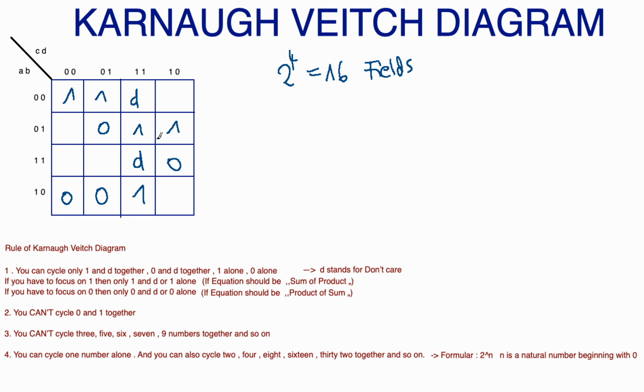I show you another example. If I have 1, 1, 1, 0, 0, 0, 0, 0, it's not allowed to cycle 6 numbers together, or 7 or 9 numbers, okay? It's not allowed. But you can cycle 1 number alone, like that.